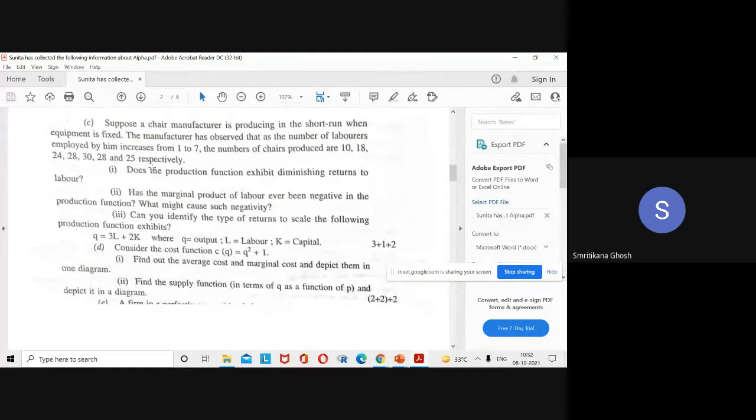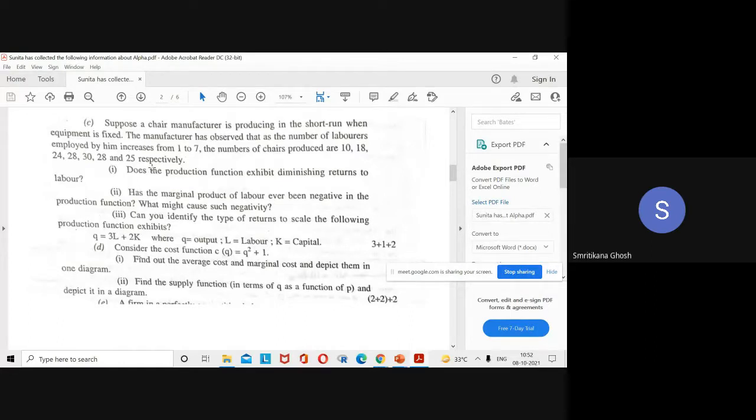And in general it may be negative. What is the economic significance of negative marginal product of labor? It means that I am employing more and more labor and my total quantity of production is falling. So dQ/dL is negative.